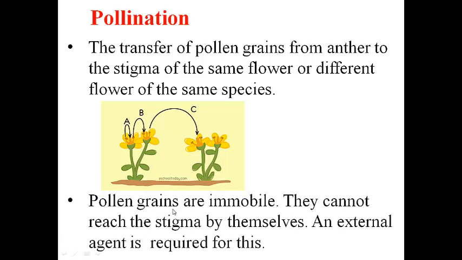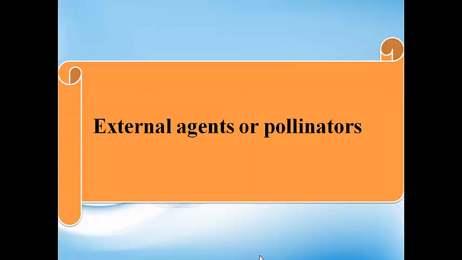Pollen grains are immobile, which means they cannot move from one flower to another. So they cannot reach the stigma by themselves. As a result, an external agent is required for this. External agents are pollinators.